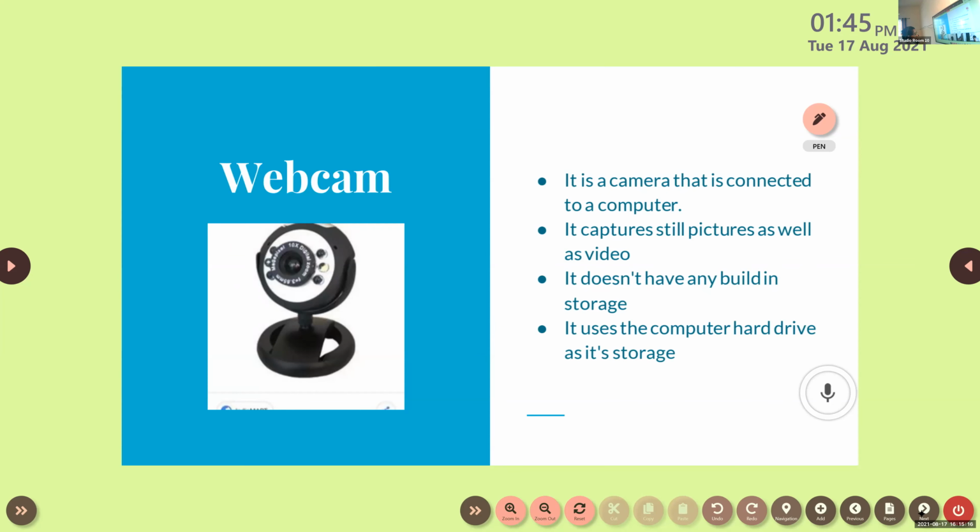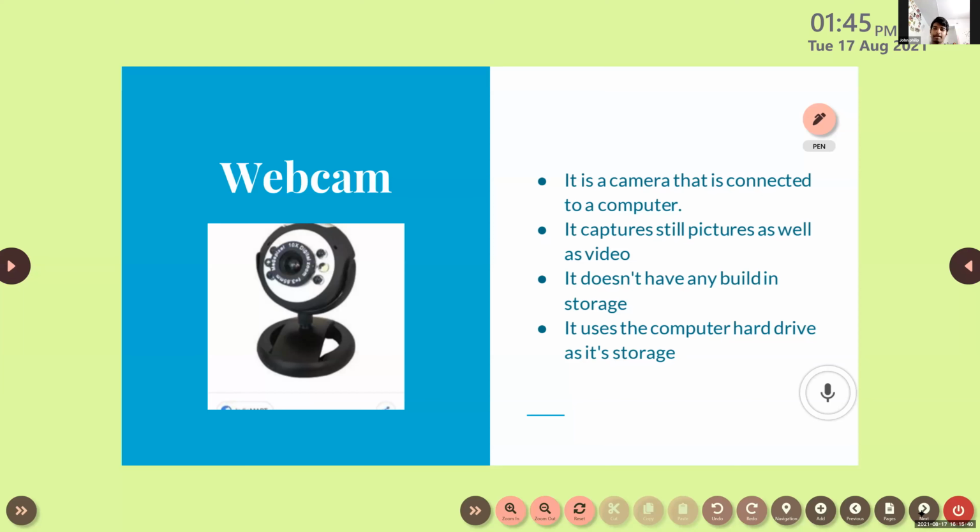Now, what is this? Webcam. Those who are using this computer for attending the class are having a webcam.